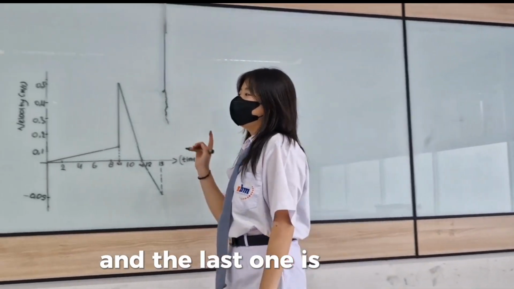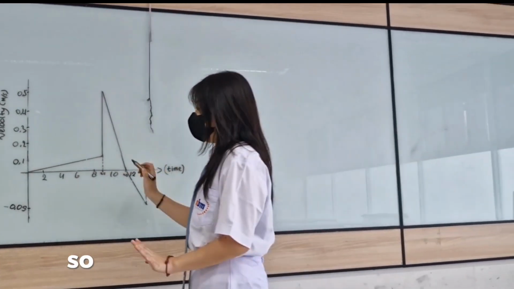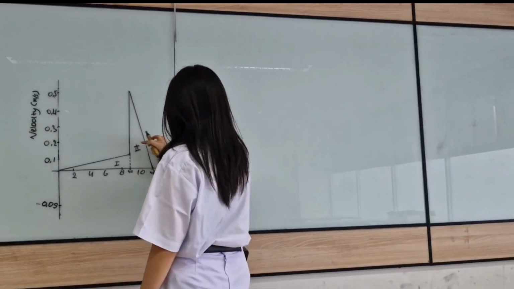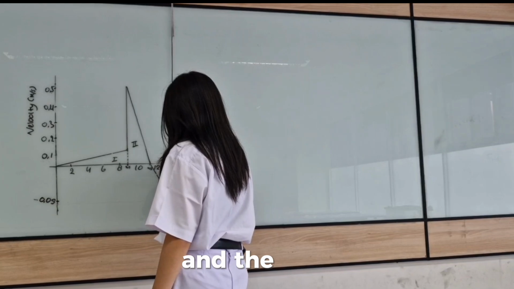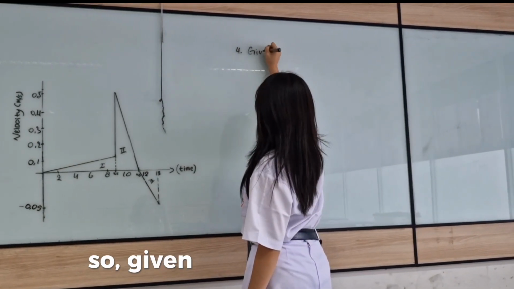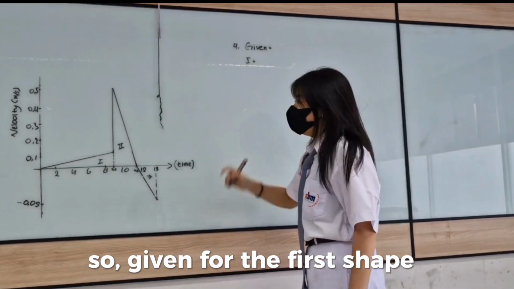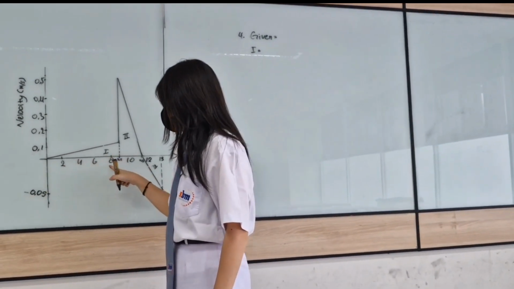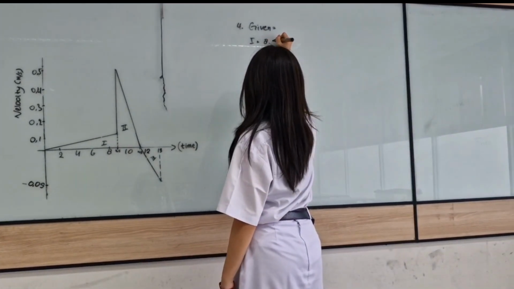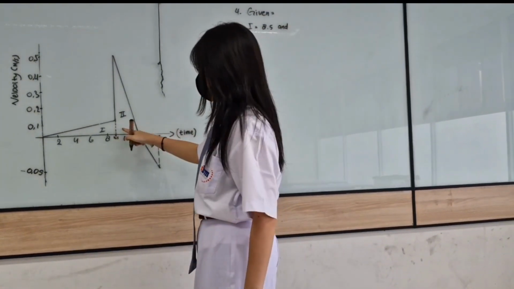And the last one is distance and displacement for the entire time. So I will label this as the first one, this one the second, and the third. Given for the first shape is 8.5 and 0.1.